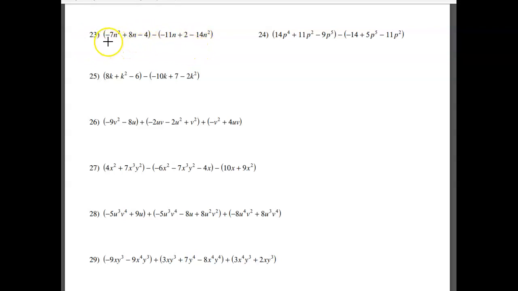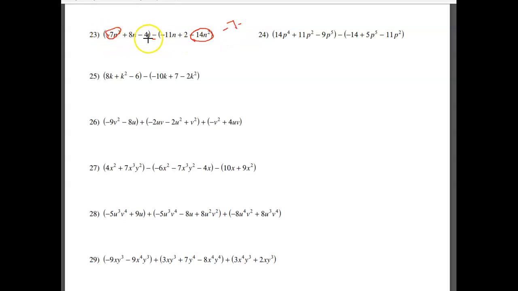So if I have something like number 23, I've got here a negative 7n squared, so I need to find another n squared. And there's one of them over here. And again, this is a negative 14n squared, and there's a subtract sign in between them. So we're going to end up leaving the exponent and the variable and just working with the coefficients.